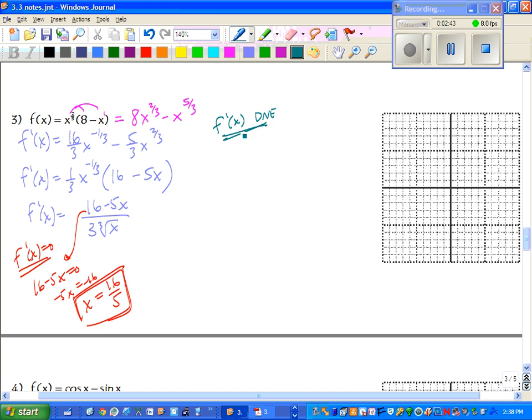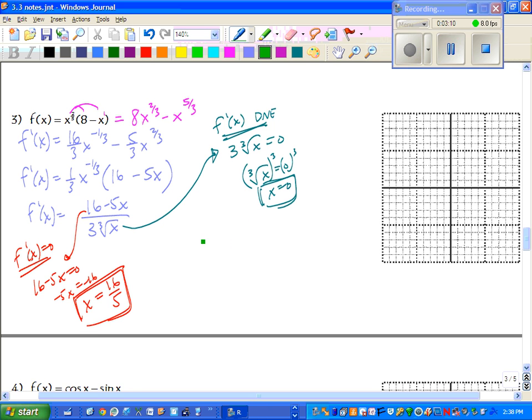And for values where the derivative does not exist, we're taking the denominator and setting it equal to 0. So 3 cube root of x, we want to know when that is 0, because that would make the whole derivative not exist. We can divide both sides by 3. We get cube root of x equals 0. We can cube both sides, so x would have to be 0.